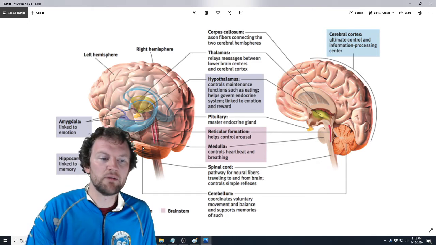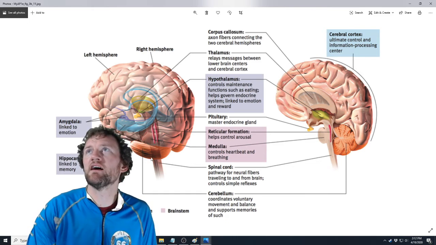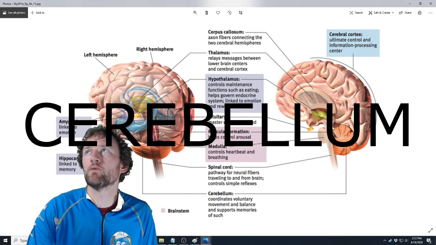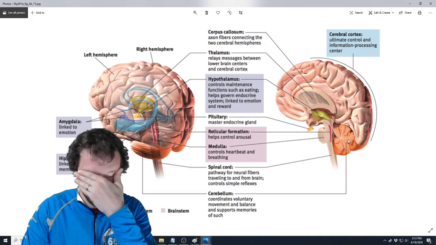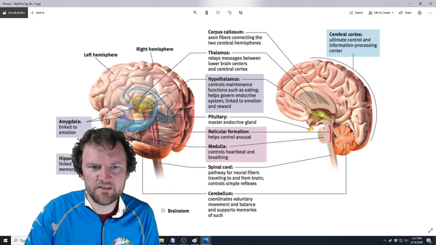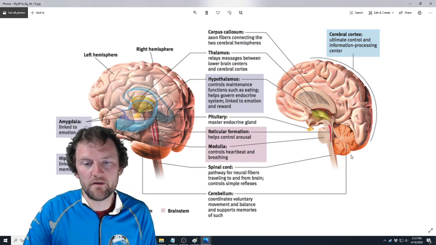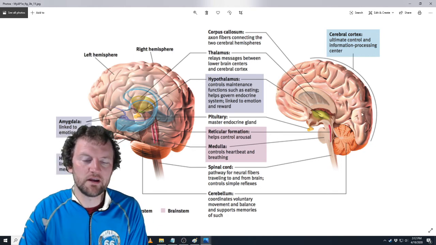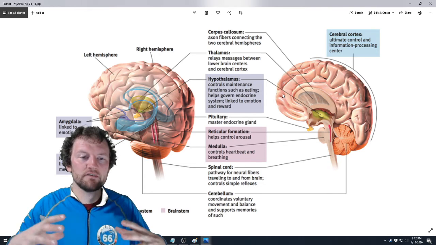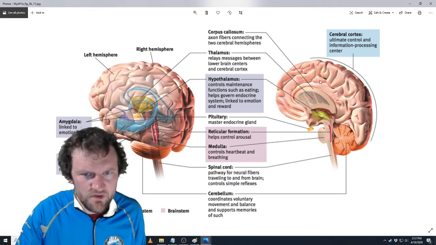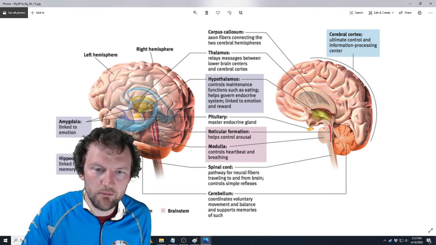The part on the bottom, this part here on the left side and this part here on the right side, is the cerebellum. The cerebellum is the little brain on the back bottom of the brain, and the cerebrum is the big brain. The cerebral cortex is the outer part of the cerebrum. So all these pink folds are the cerebral cortex.